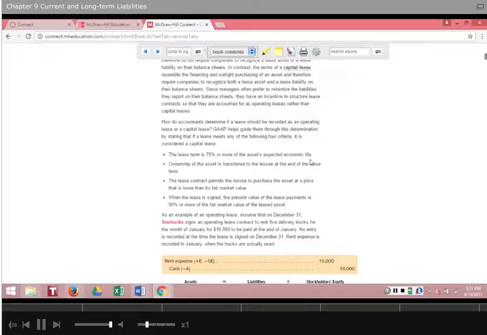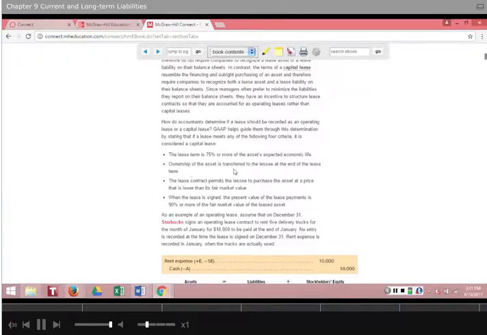So that would not be a capital lease. It would be what we call an operating lease. However, if we're renting or signing a lease agreement for 40 years, that would be 80%. So this criteria would be met, and we would have to treat it as a capital lease.